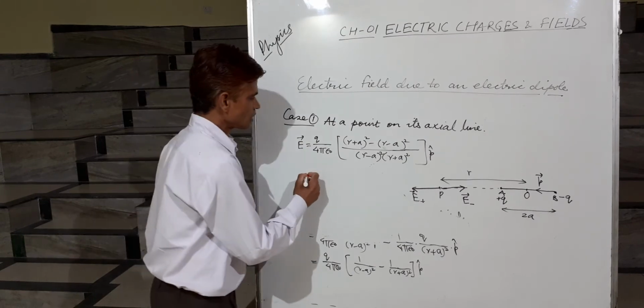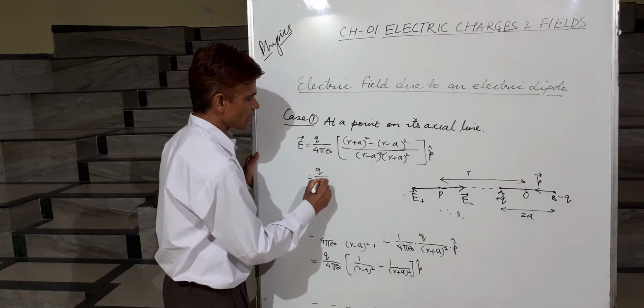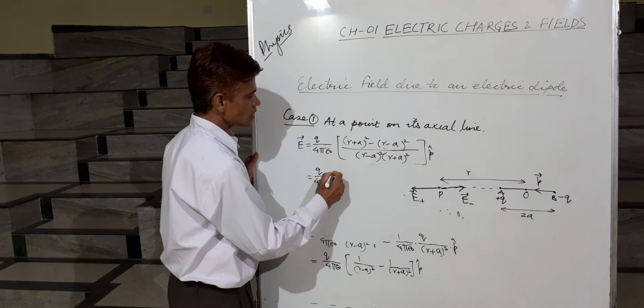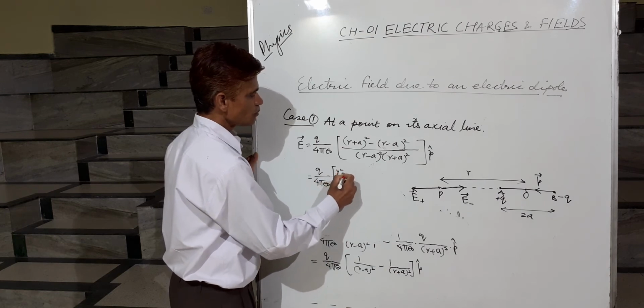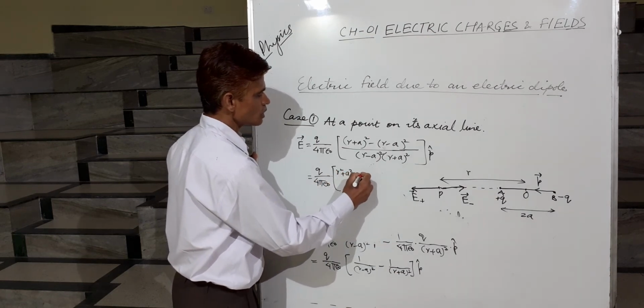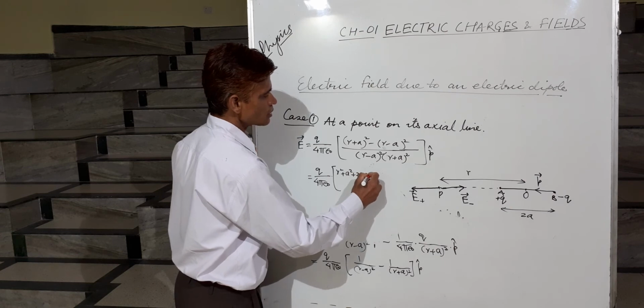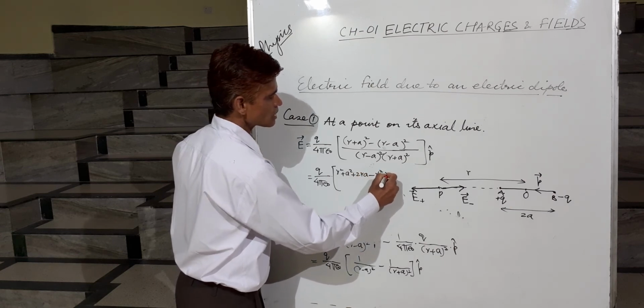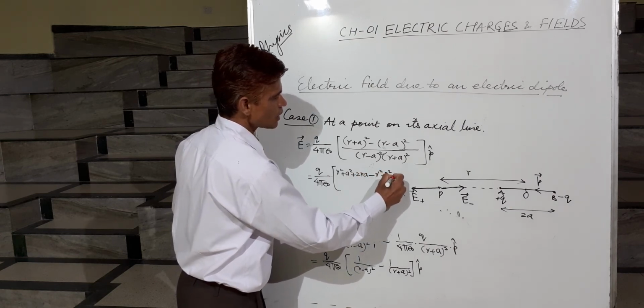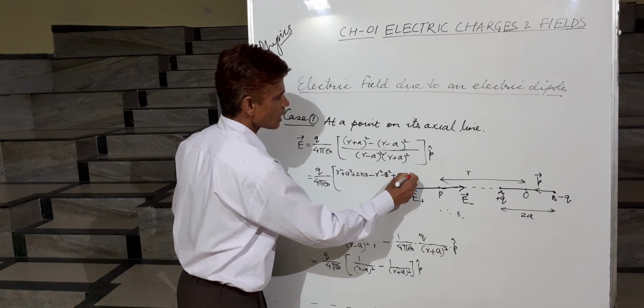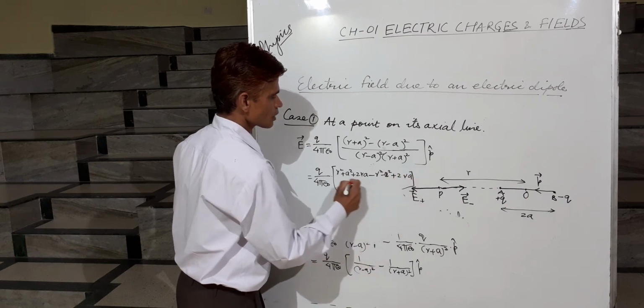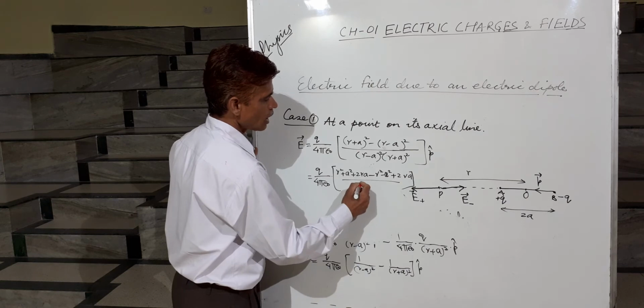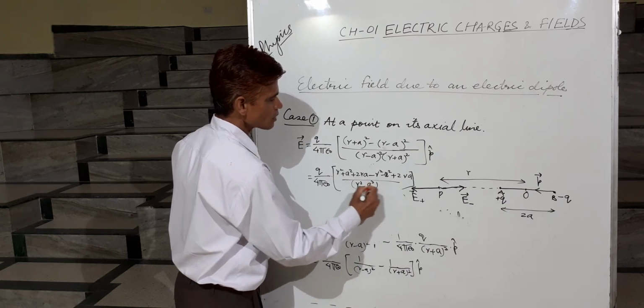Now when we open this, we get q by 4 pi epsilon naught, r square plus a square plus 2ra minus r square minus a square plus 2ra, upon (r square minus a square) whole square.